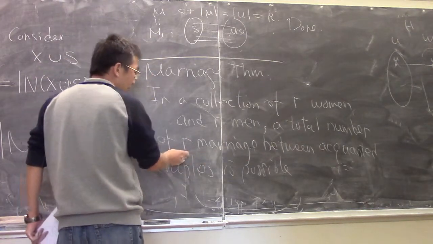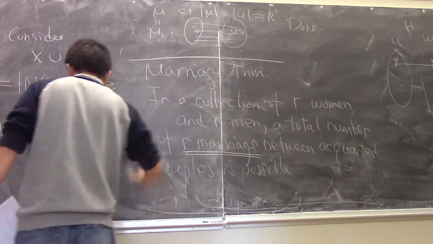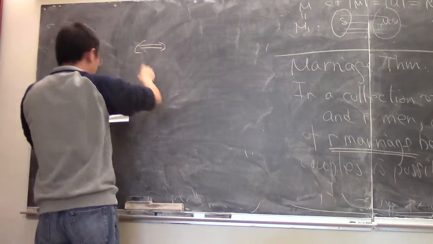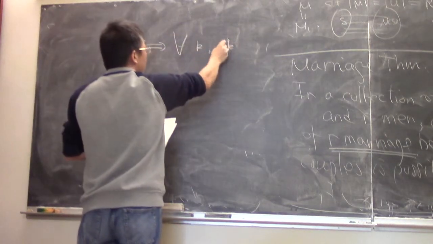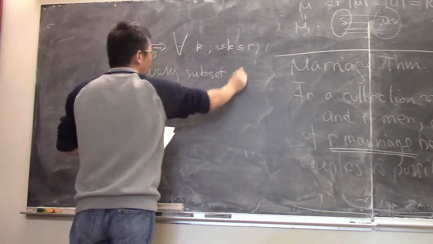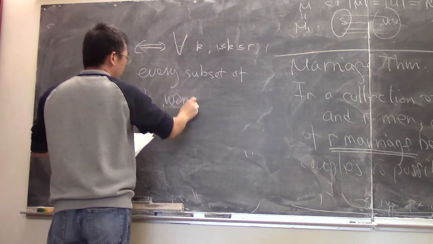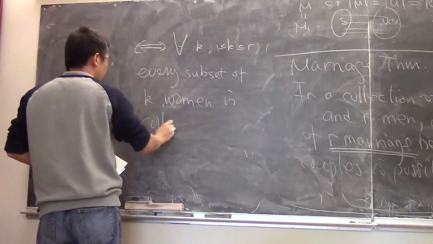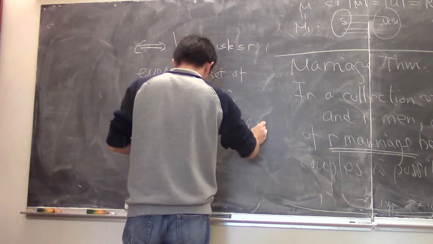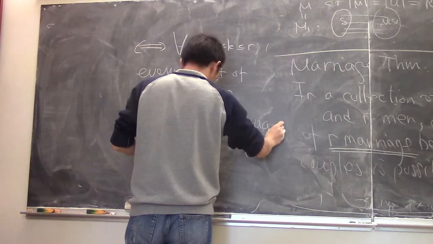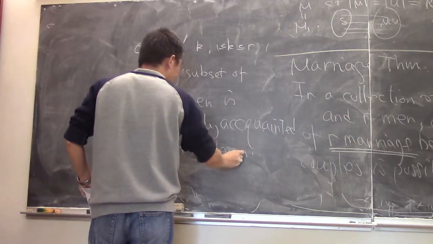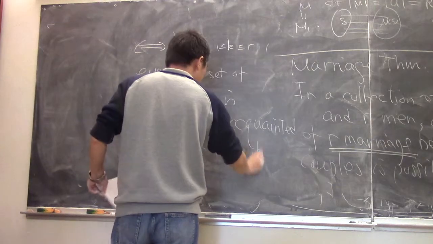And when this is possible, there exist r marriages if and only if for every k between 1 and r, every subset of k women collectively knows at least k men.